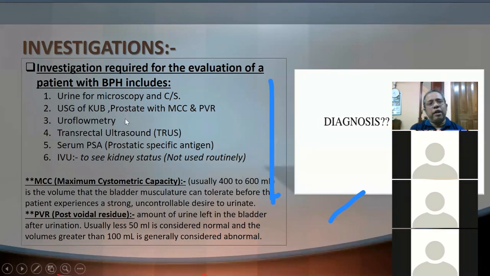But remember, this test is not very authentic, because uroflowmetry is done in a toilet setting where there is a machine on the floor, and the patient stands and micturates over the container. That container is placed over a sensitive machine. That machine is connected with a computer, either by Bluetooth or a cable.